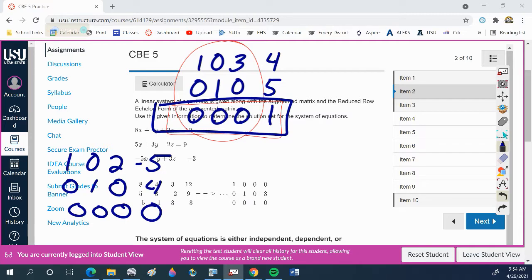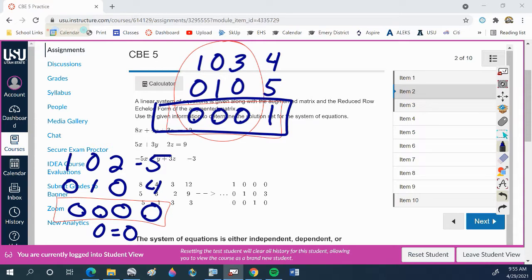What is that telling me? So we look at the bottom row, and that says 0x plus 0y plus 0z equals 0. When does 0 equal 0? Always. So that means the solution set is infinite solutions.